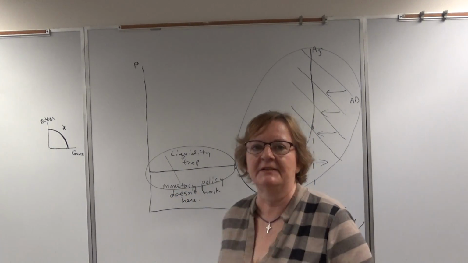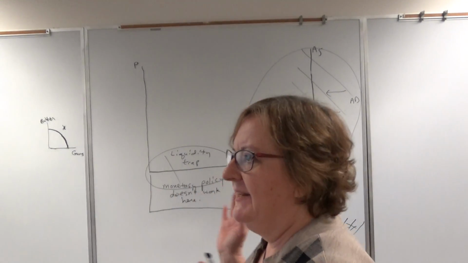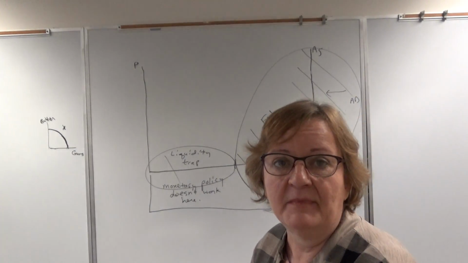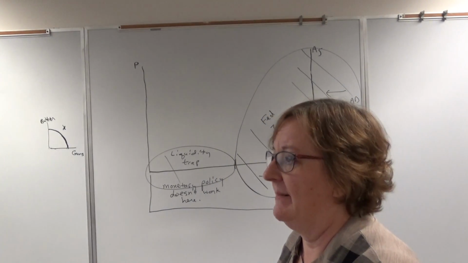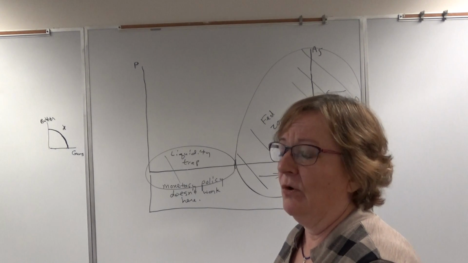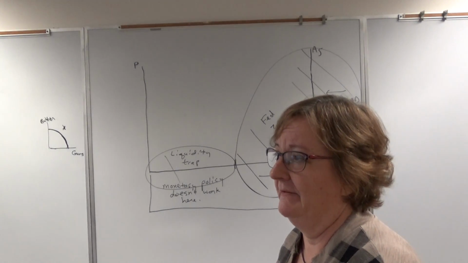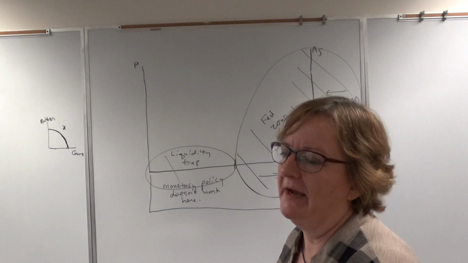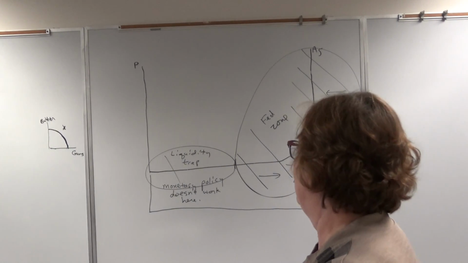You can pump out lots of money from the Fed, and it's not going to revive anything. It might be able to possibly stop things from getting horribly worse if there's something you're trying to offset. But in general, it's called a liquidity trap.